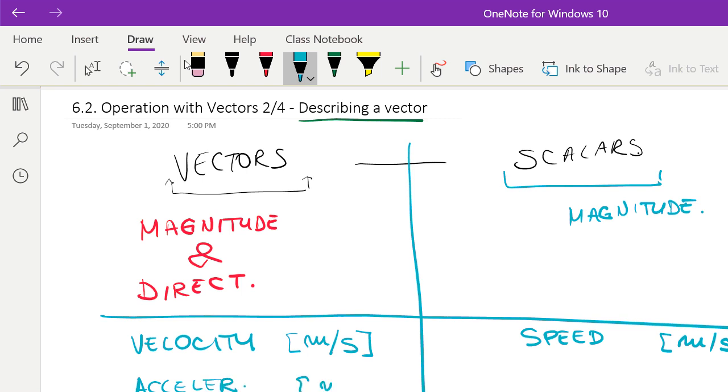And the units for acceleration are meters per second squared. And there is no corresponding scalar for acceleration. Then another physical quantity that we describe a lot in physics is displacement.